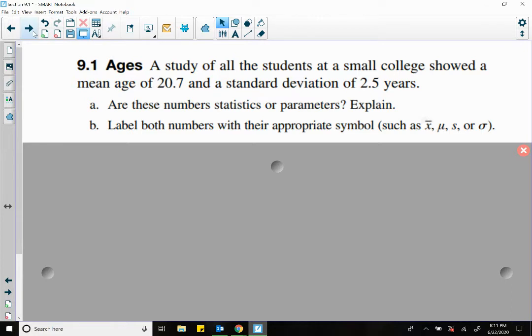Is it X bar, mu, S, or sigma? Since we're talking about this, the big key word in here is the word all. When you're talking about everybody, remember back when we talked about population, all is a signal that you're talking about the population here.